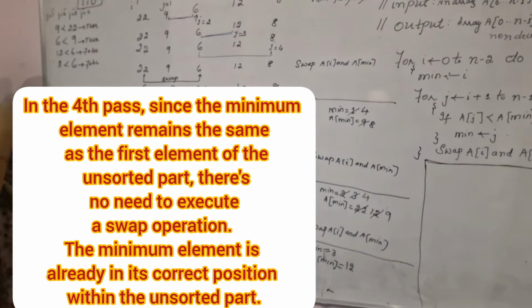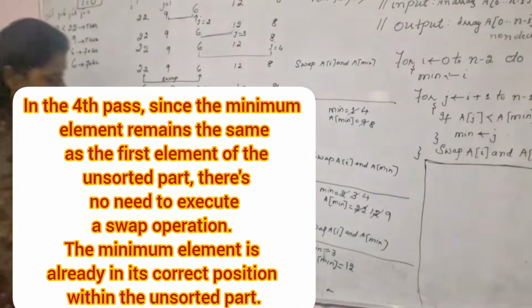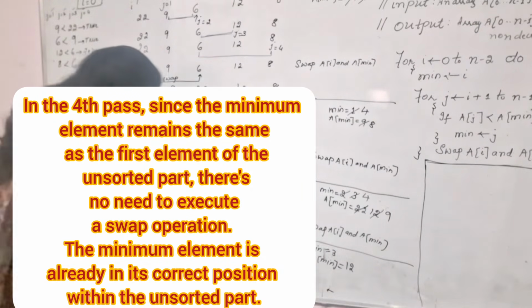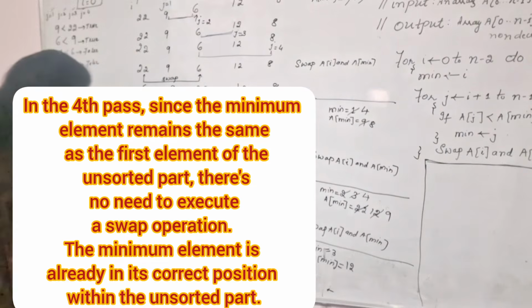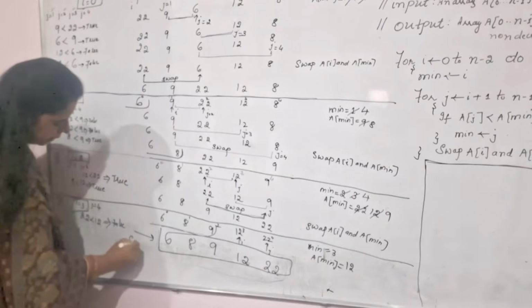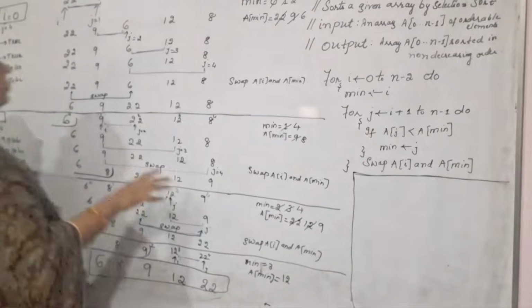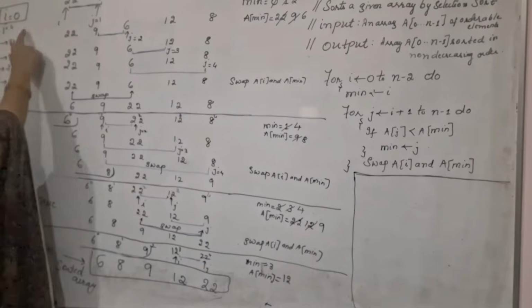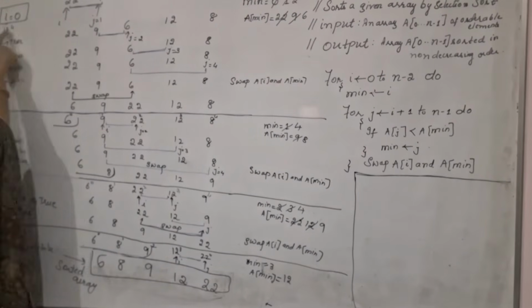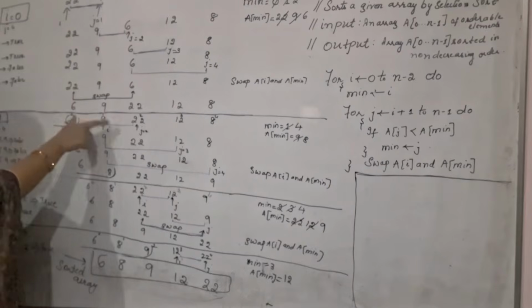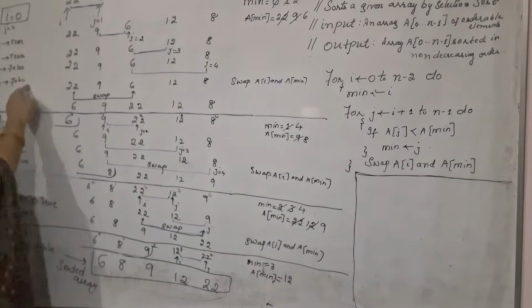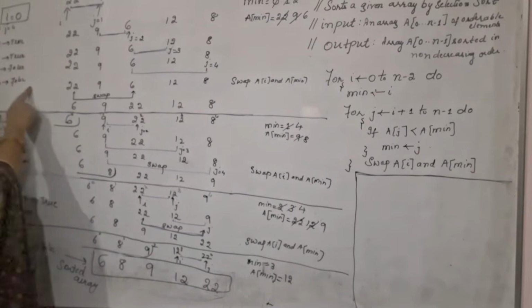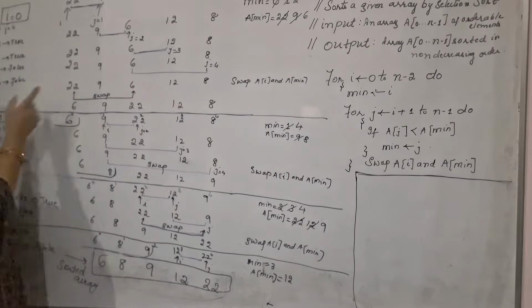Fine. So this is your sorted array. For this algorithm in the tracing we have seen that i will start from 0 and j goes from 1 to 4. In the first pass, 4 comparisons are done and one swap takes place.